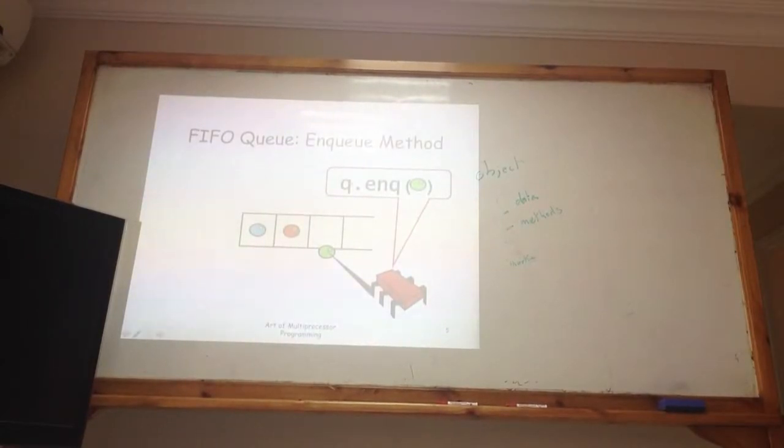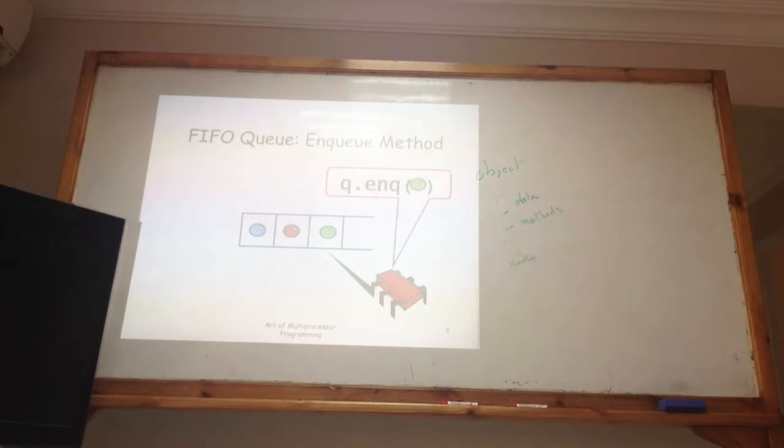Q is the name of the object, and then this is the notation you use, dot, and then you write the name of the method you want to invoke, like in Java or in C. And this is your parameter. Your parameter here is another object, and you want to enqueue this green object into the queue. So your queue now has two elements, and when you make this operation, you insert this green object into this empty place in the queue.